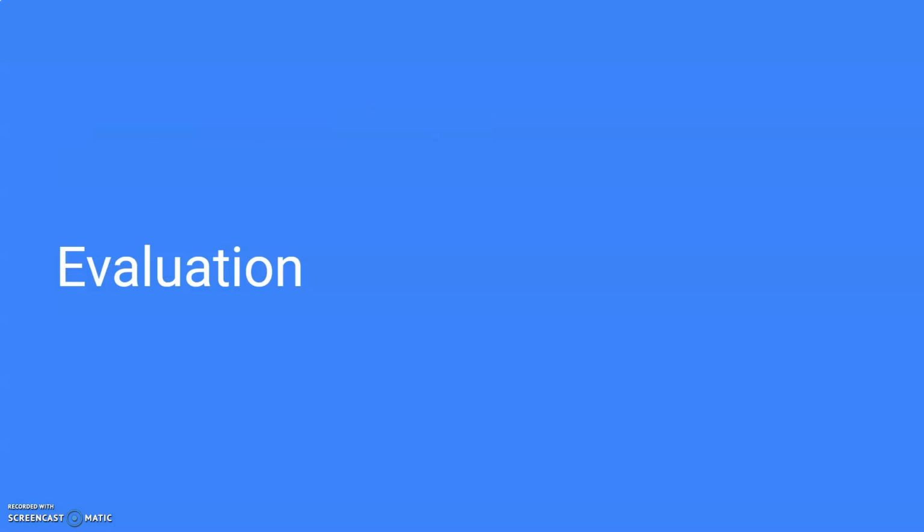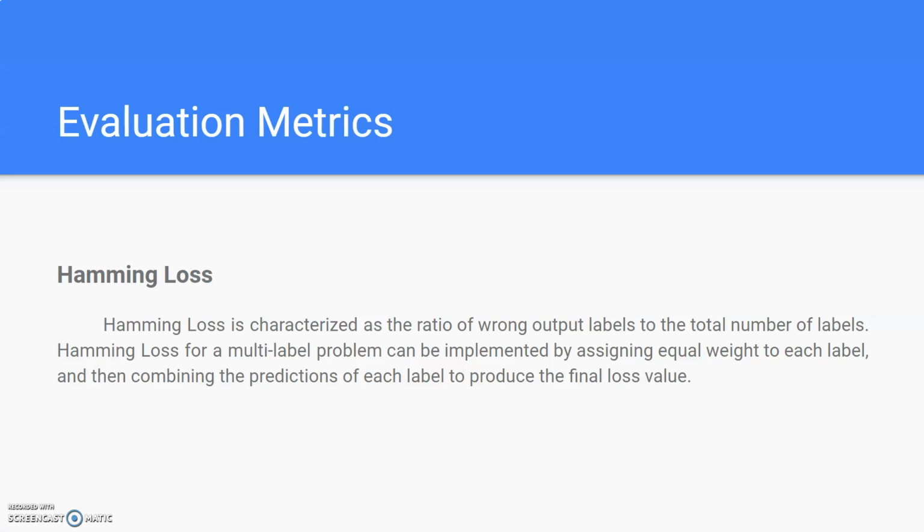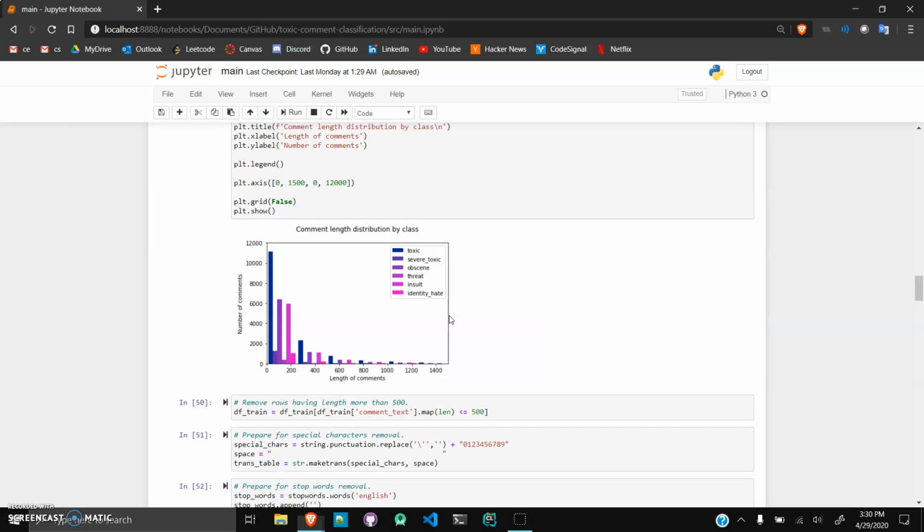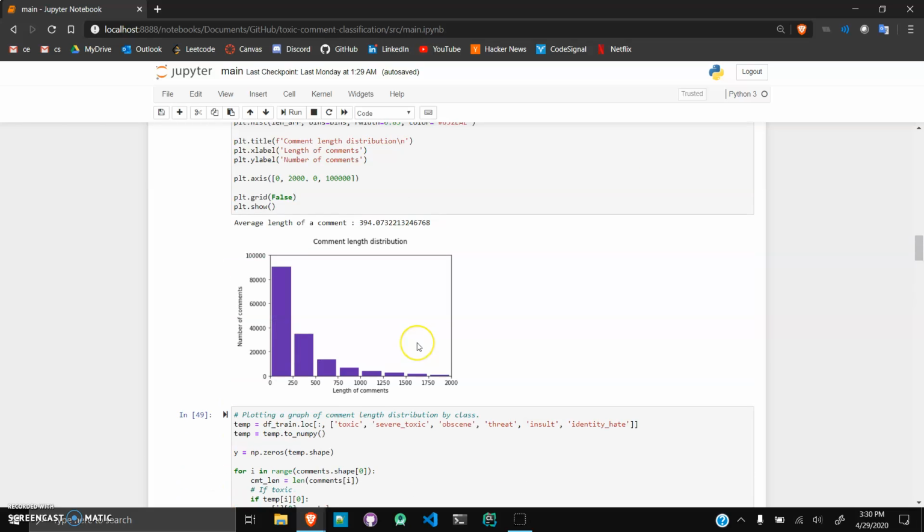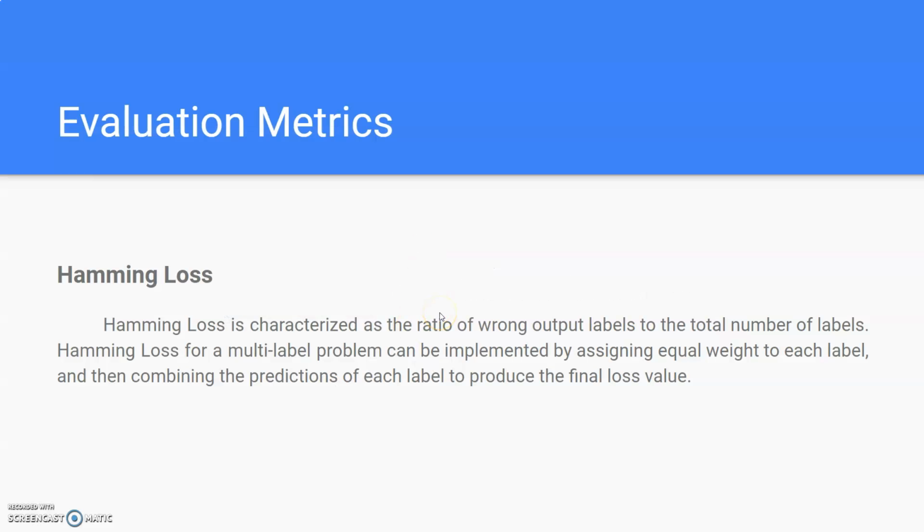Next, let's talk about the evaluation metrics that we have used for this project. The important thing to note from the graph we have developed for our data set is that our data is pretty much skewed, which means the ratio of the number of comments which are labeled as toxic for one or more labels to the number of comments which are non-toxic is very low.